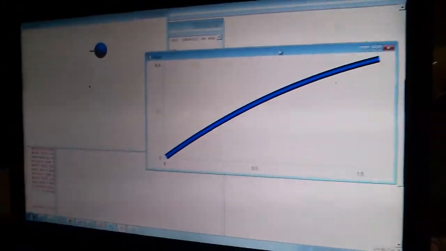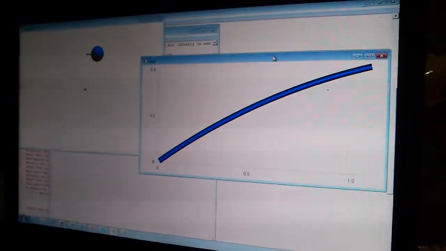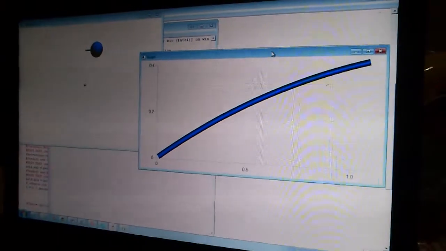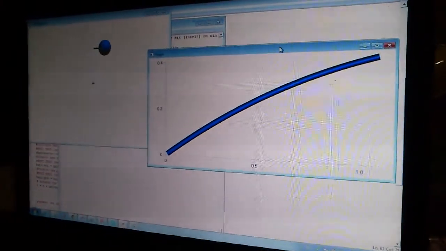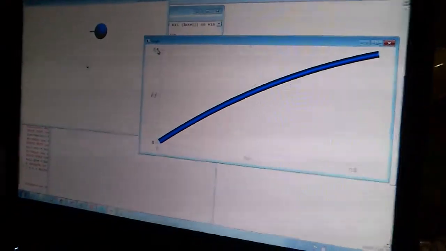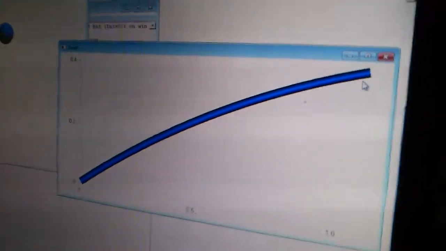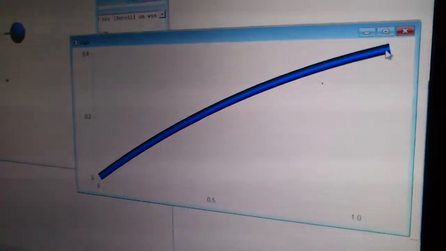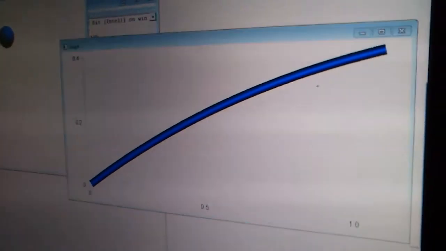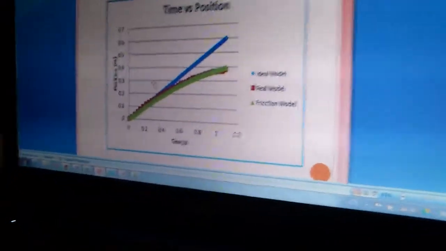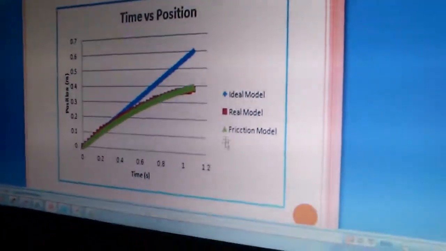For this, we have obtained that the position of the train is less than in the other ideal model. For the same time interval, we obtain a position of the train of about 0.39 meters. We can see that in the time versus position graph for the ideal model, the real model, and the friction model.